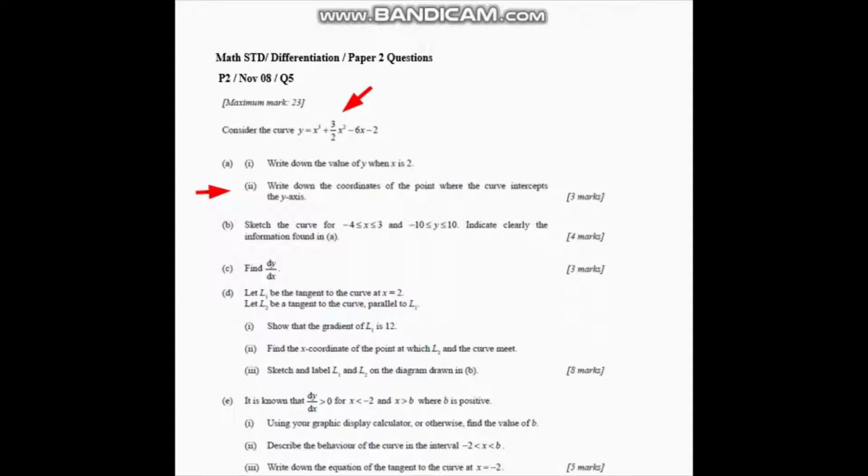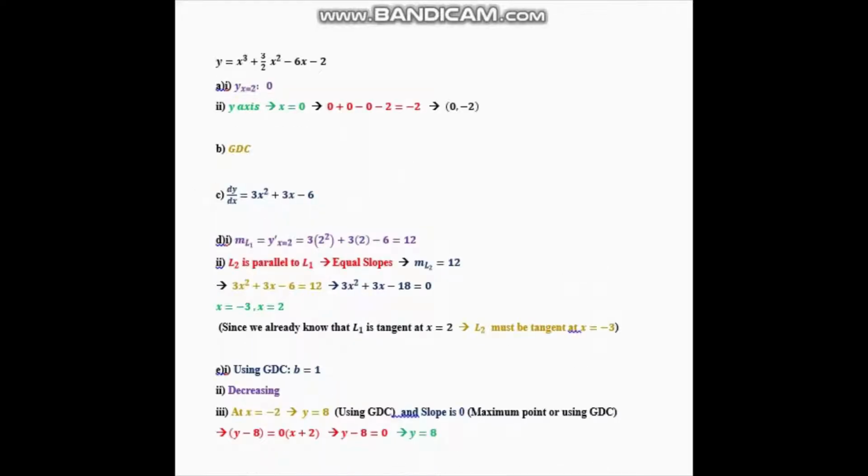And of course any term with x equals 0 shall be cancelled. So I cancel this term and this term and this term, and what remains is negative 2. Hence the coordinates of the point are 0 and negative 2. There are the answers to AI and AII.